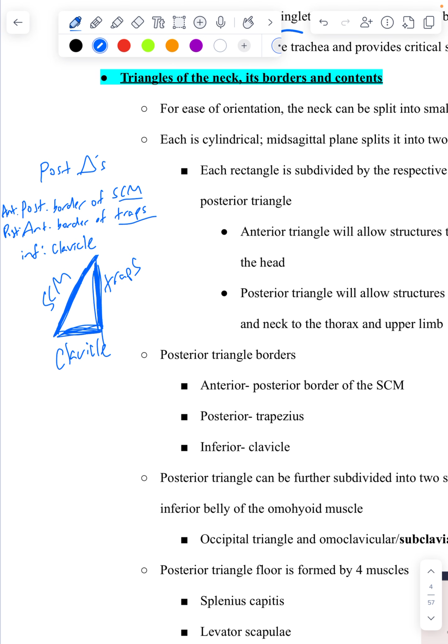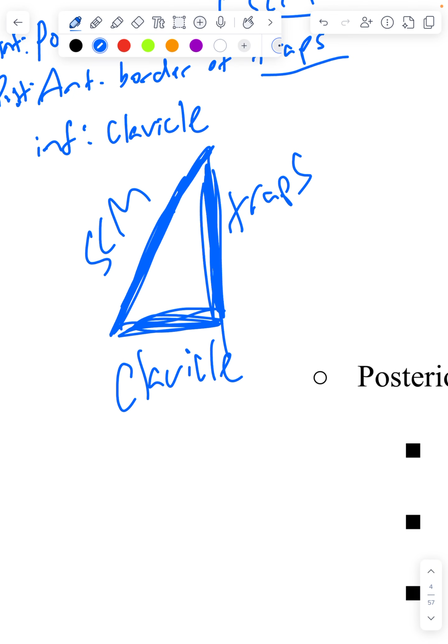So the front of our traps is the back or most posterior part of this triangle. Now, that's the big posterior triangle, but this can be split into two triangles by the inferior belly of the omohyoid. So actually, let me use a different color here.